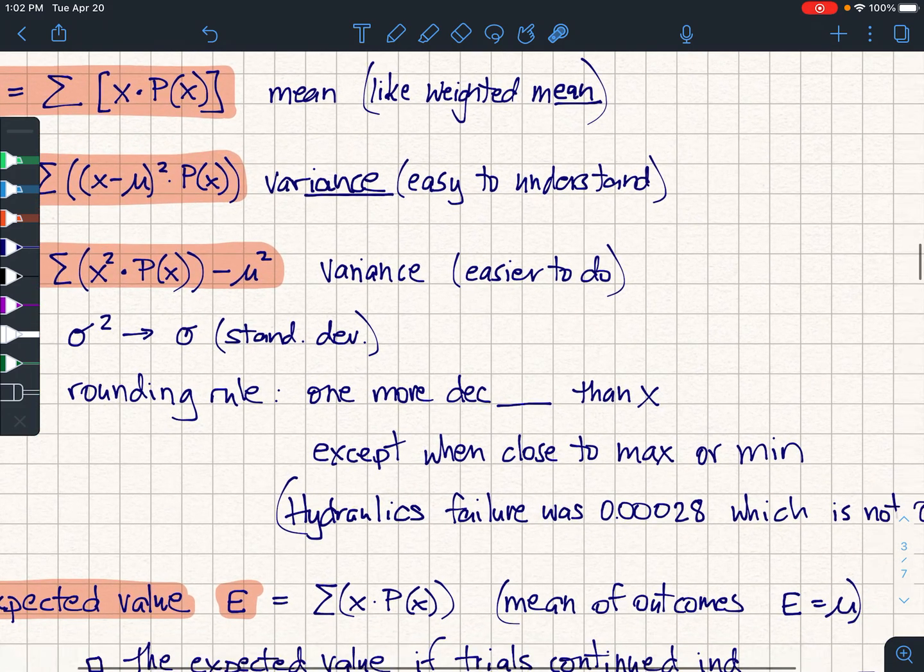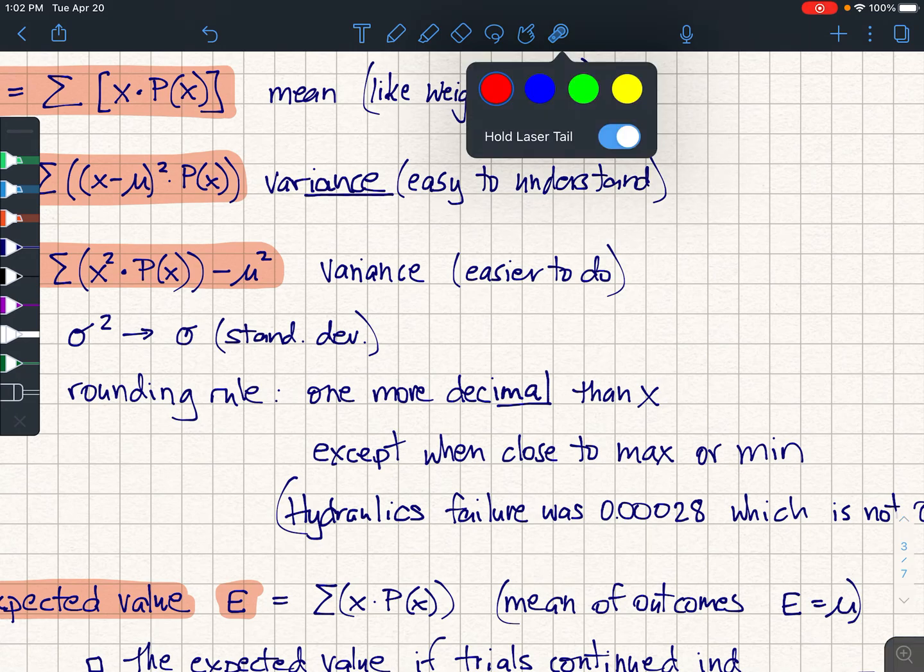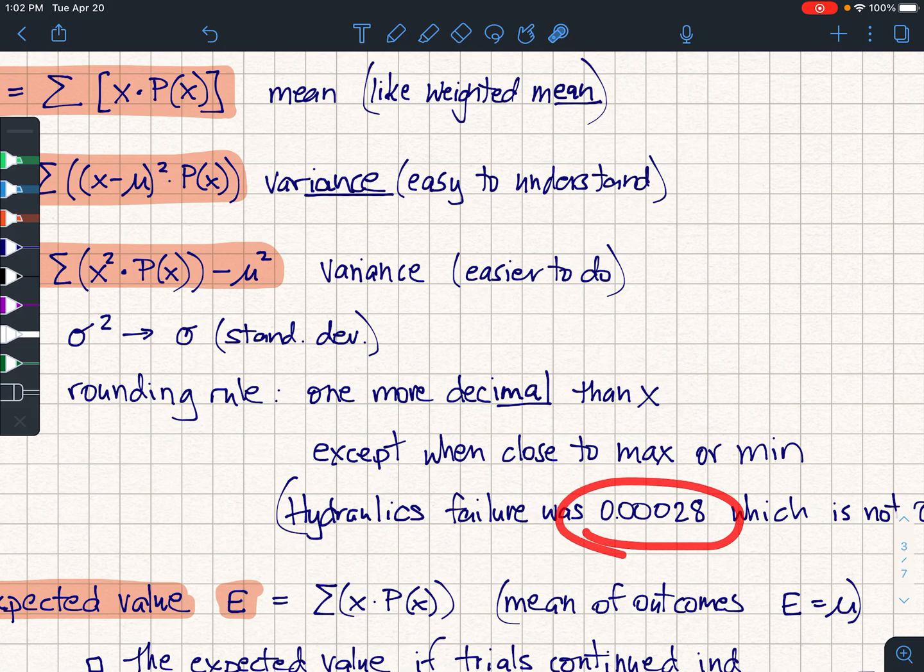Okay? Rounding rule. Just like in the past, we use one more decimal value than is given to us in the random variable. Except when you are very close to a maximum or minimum value. I kind of already talked about this, but if I'm really close to 0, right, the hydraulics failure on an airplane, remember with 4 hydraulic independent engines, obviously this has not been rounded, right?